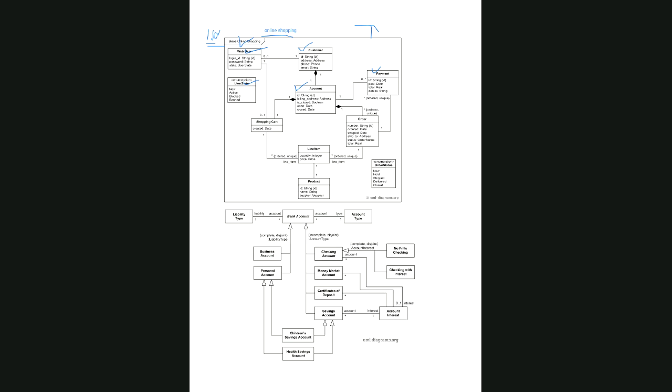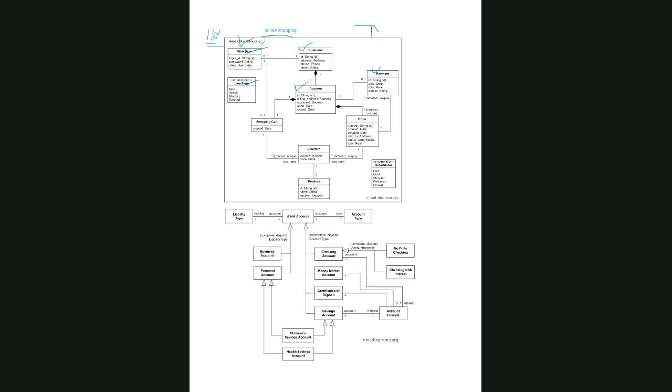So that's why you have 0 to 1. It's not mandatory that every customer should be a web user, because a customer can order through phone or by ordering from a catalog. There are different ways in which shopping can be done. Because we are focusing only on online shopping, that's why we provided this web user interface.